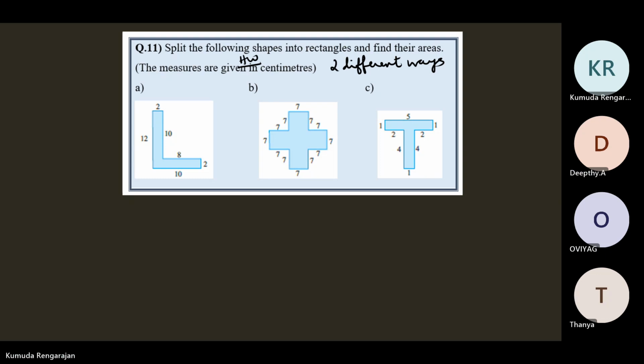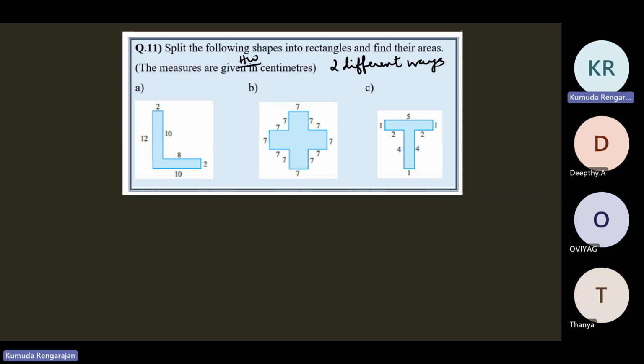Ma'am, I have a doubt, ma'am. Yeah. Ma'am, what if for some questions there is only one way to do, ma'am? But for the figures I have given you, there are two ways. Okay, ma'am. There may be figures where there's only one way. Yeah, yeah. There may be some figures where there's only one way. In the exam, you will not be asked to do this in two ways.